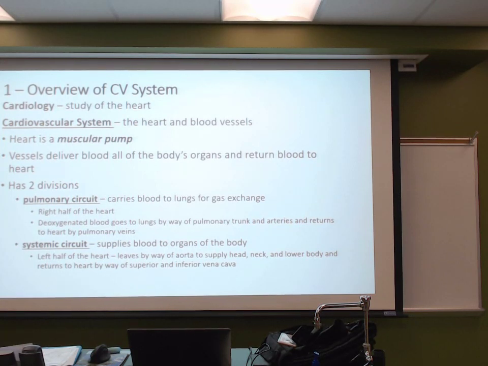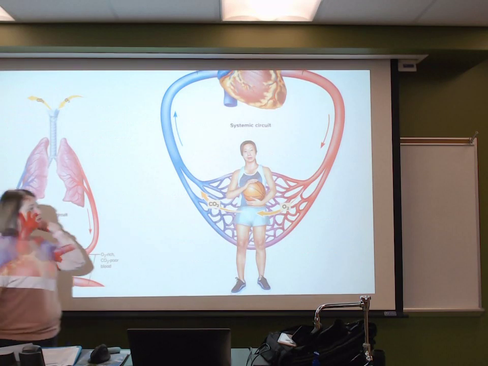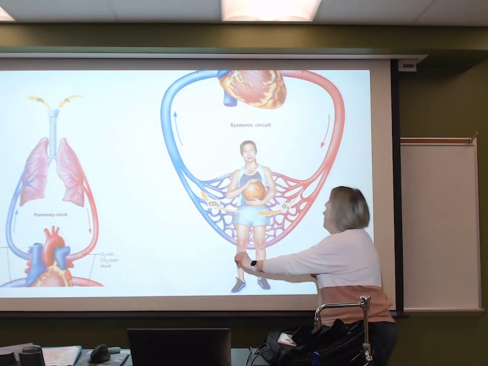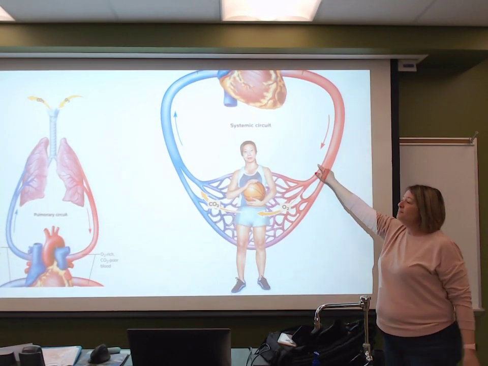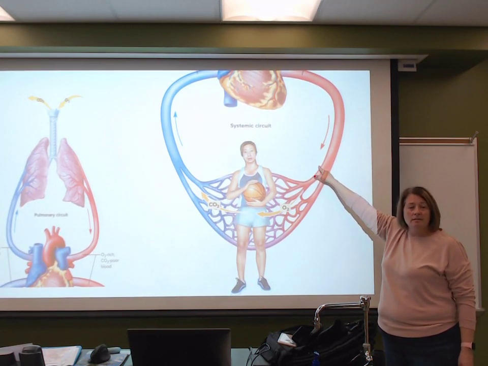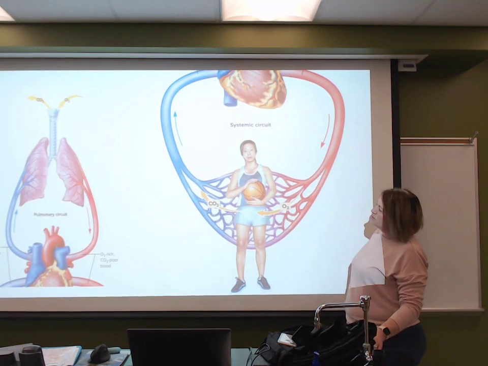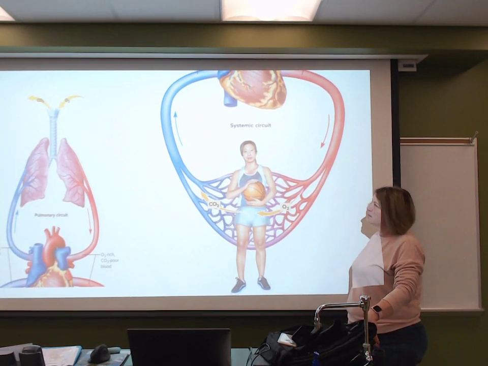So if we look at the circuits, they're trying to represent here our systemic circuit on the left side of the body, showing, well, the picture kind of got cut off, didn't it?